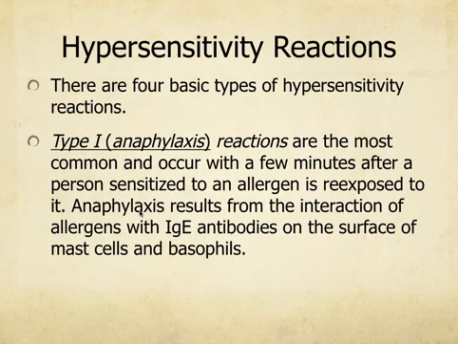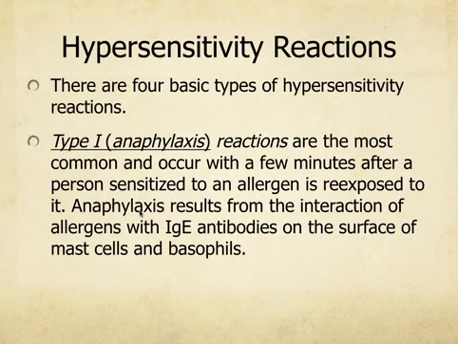And what's going on here is that basically the first time someone is exposed to a certain allergen, their body produces that IgE antibody. And then that IgE antibody is going to bind to the surface of mast cells and basophils. So the next time the person is exposed to that allergen, it will attach to the IgE antibody already present, and as a result, that's going to trigger those mast cells and basophils to release histamine, prostaglandins, leukotrienes, and kinins.